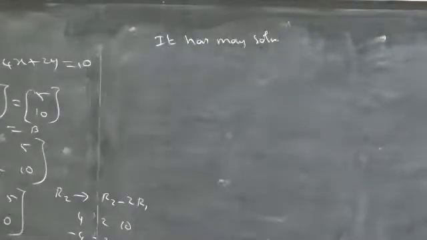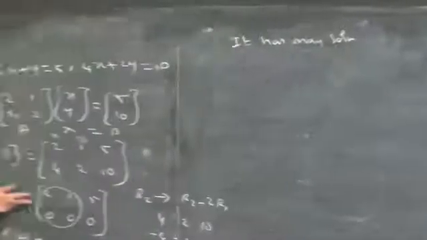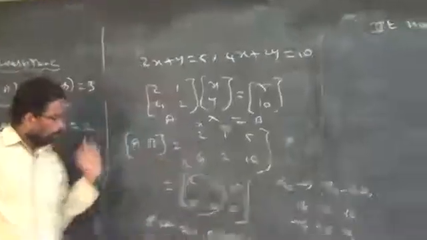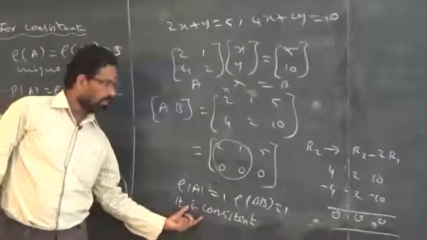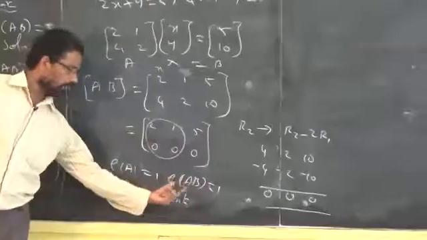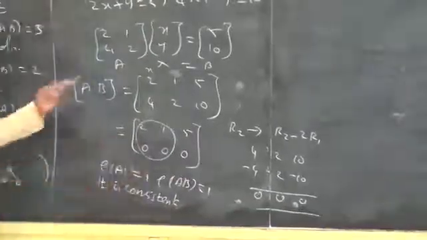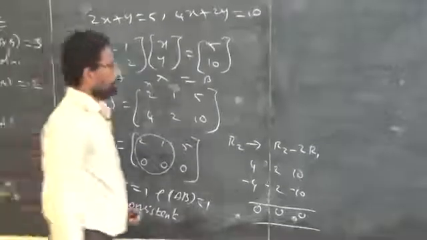In the previous model, we had three variables. So when rank A and rank AB were both 2, we considered that it is consistent with many solutions. Here there are only two variables. So when the rank is 1 and 1, it is consistent with many solutions. If rank A and rank AB are both 2, it has a unique solution for two variables.